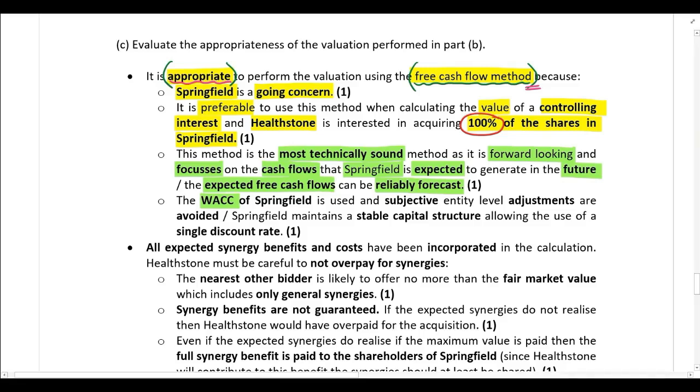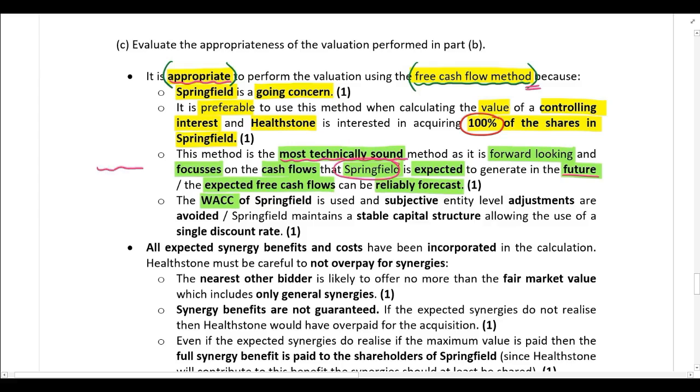So we look at Springfield's future estimated cash flows, we present value those cash flows to get a value today, and we determine the value based on the present value of the future cash flows. So because we are just present valuing the cash flows that the company is expected to make in the future, that gives us a very good indication of the company's value today. So that's why it's the most technically sound method.